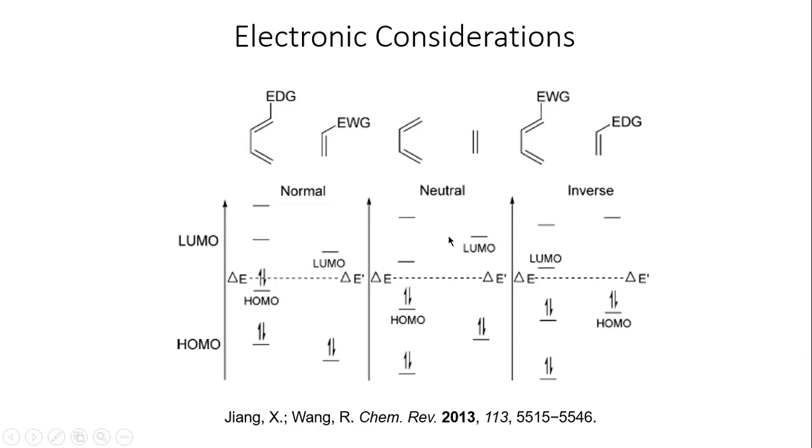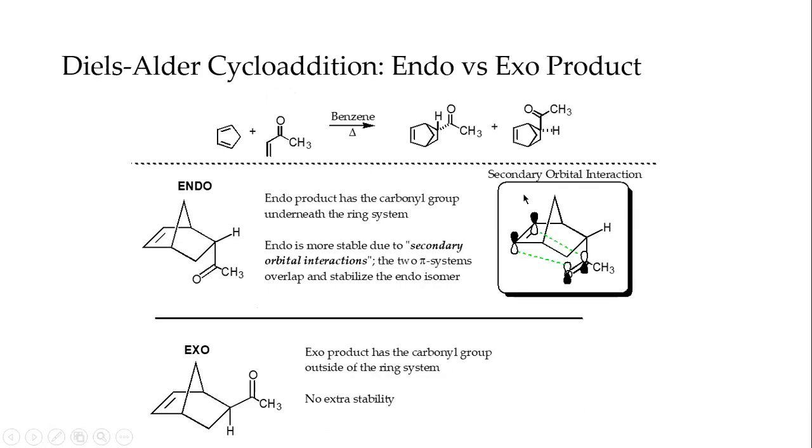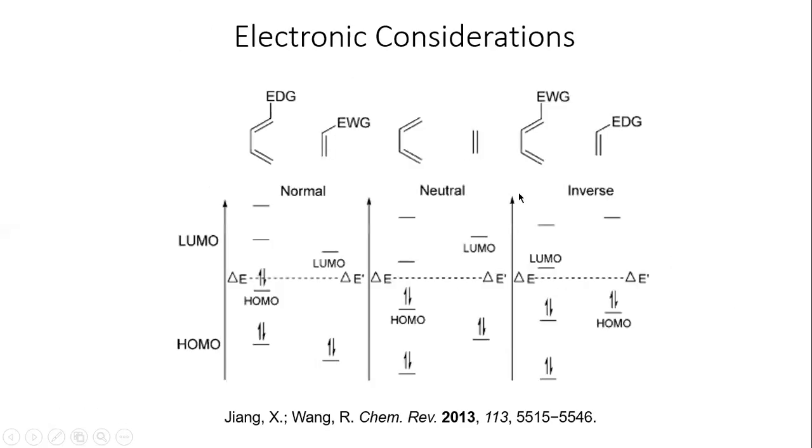But most of the time, when you do Diels-Alder with the HOMO-LUMO interaction, the majority of them are done under thermal conditions, right? So you have to add some energy to that system in order to get that reaction to happen.